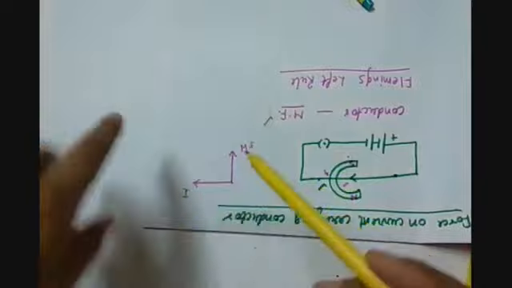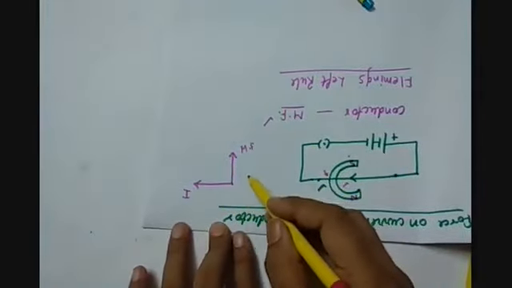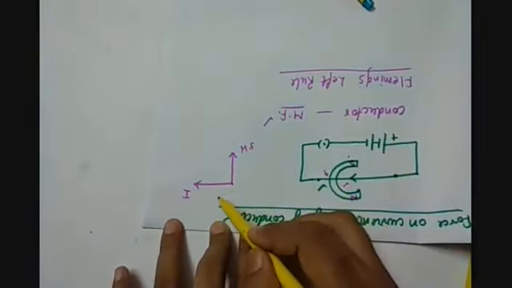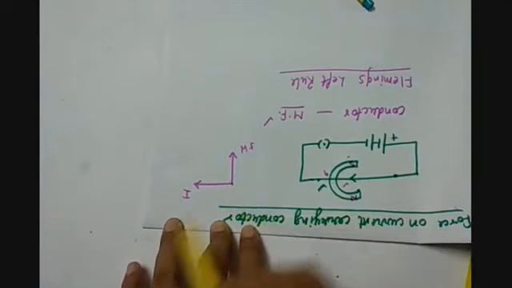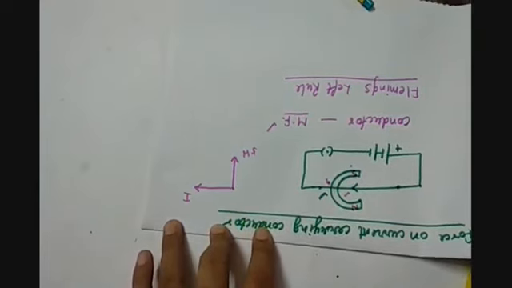That means when current and magnetic field are aligned in this way, then the conductor will move downward, or a force will act on it and make it move in the downward direction.